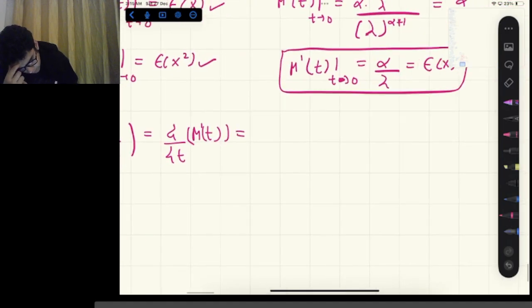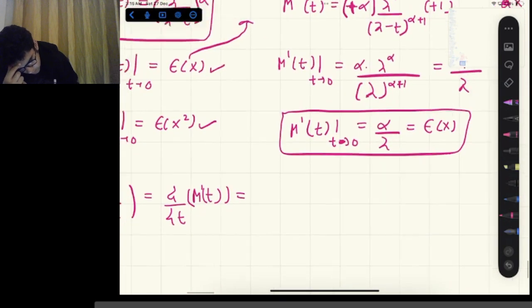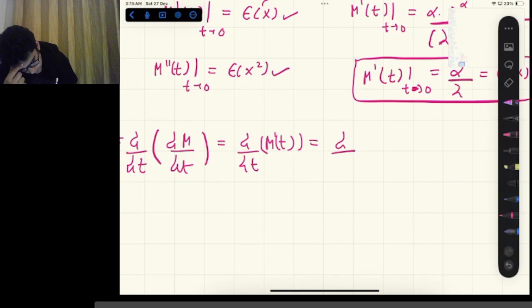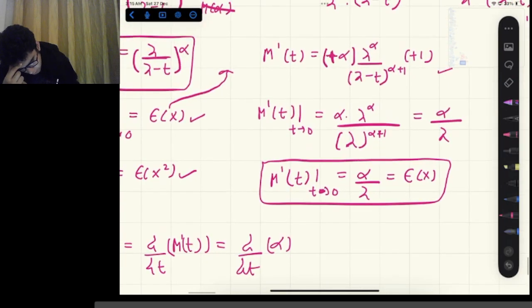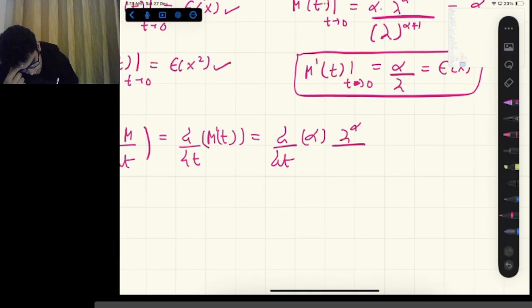So I just need to differentiate this again with respect to t. So this becomes d by dt of lambda upon alpha, so I can write this as lambda to the power alpha times lambda minus t to the power alpha plus 1. We need to differentiate this with respect to t.